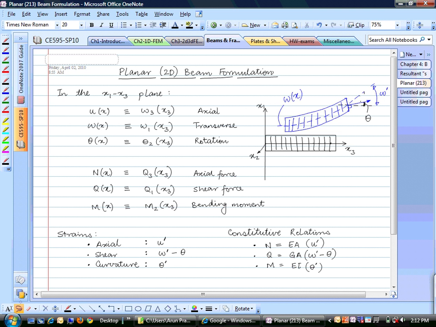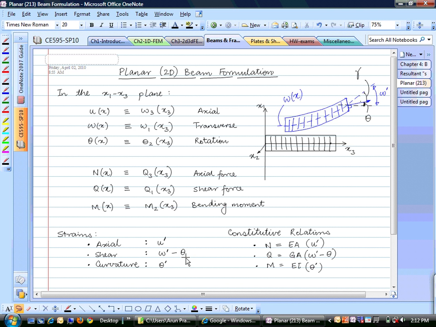So the idea is that when theta is equal to W prime, this normal vector would be pointing in the direction of the centroidal axis. That is the case where there is no shear deformation. If there is shear deformation, then there will be an independent angle theta and an independent variable W prime. And the shear angle is nothing but the difference of these two. So this angle that I had drawn before is the shear angle gamma.